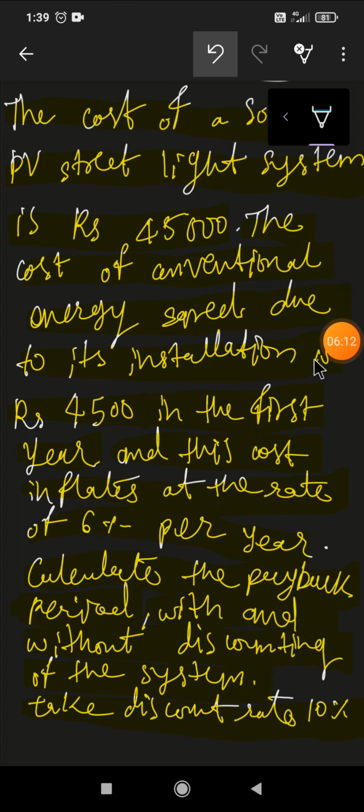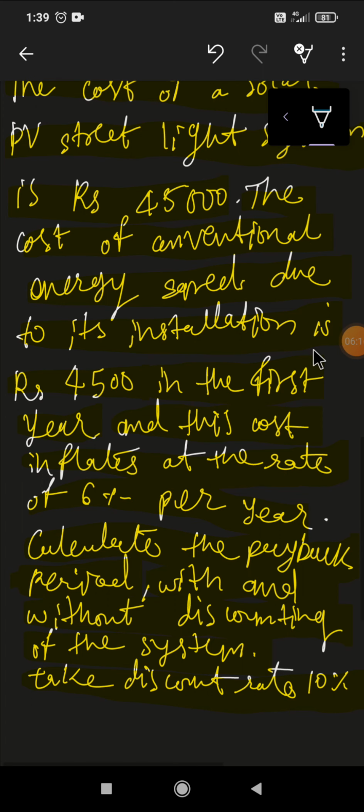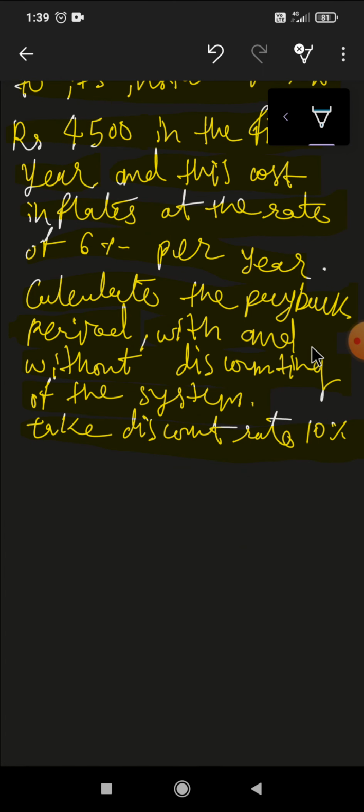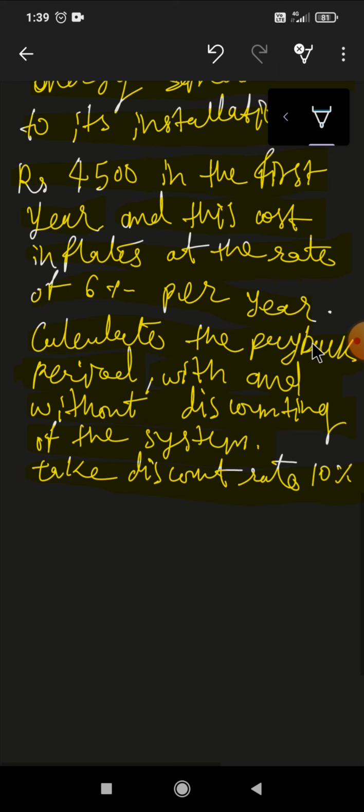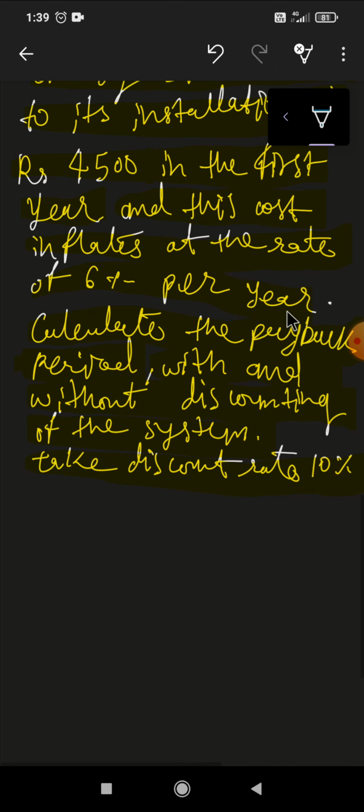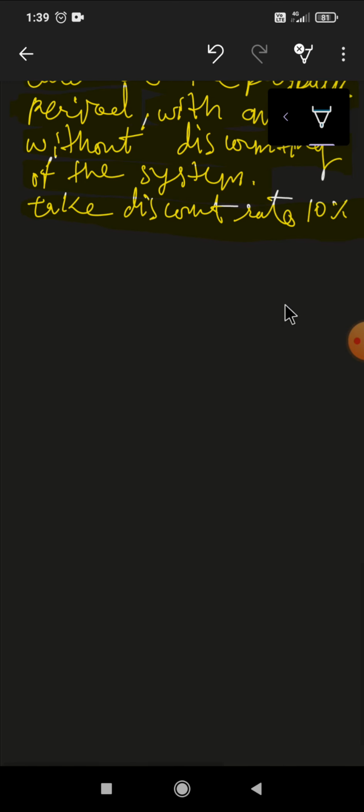Before solving this sum, we will understand what payback period is, as we have not discussed it yet. Payback period is the time needed for the cumulative savings on a fuel or electricity in the case of a standalone system, or income derived from power fed to the grid in case of an add-on system, to equal the initial investment.